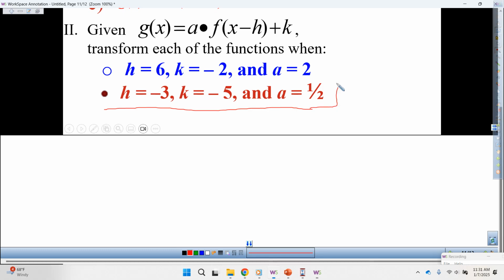We're going to go over these to do our transformation and write our new function. So write these. Underneath that, I want you to write the form, this one. So like that we can do the transformation and then do the graph.